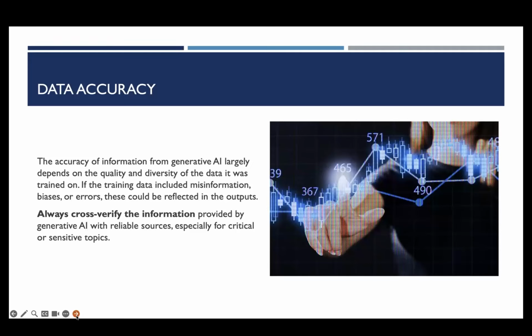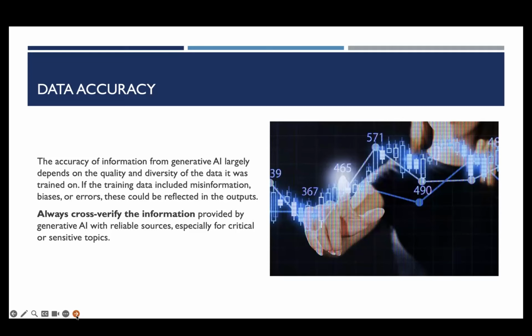Data accuracy is another thing to be conscious of. The accuracy of the information largely depends on the quality and the diversity of the data it was trained on. So if the data included misinformation, biases, or errors, these could be reflected in the outputs. So it's always important to cross-verify the information provided by the generative AI models with reliable sources, especially for critical or sensitive topics.